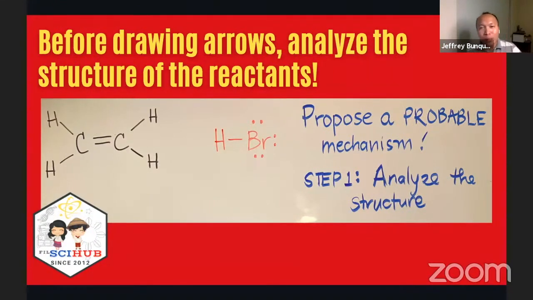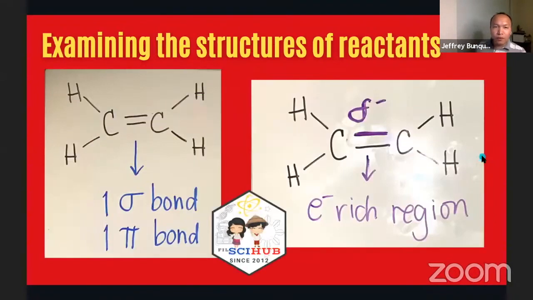And yung first step po typically dyan is you have to analyze the structures of your reactant. So dito po, we have to analyze the structure of ethene, and then we also have to analyze the structure of hydrobromic acid. And this is how we are going to do this.